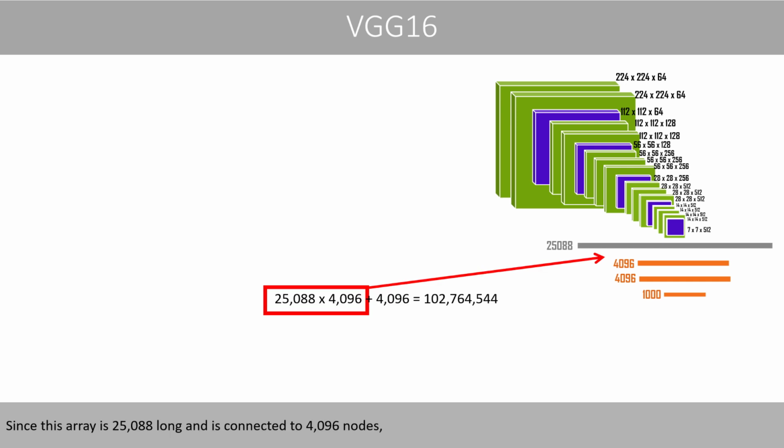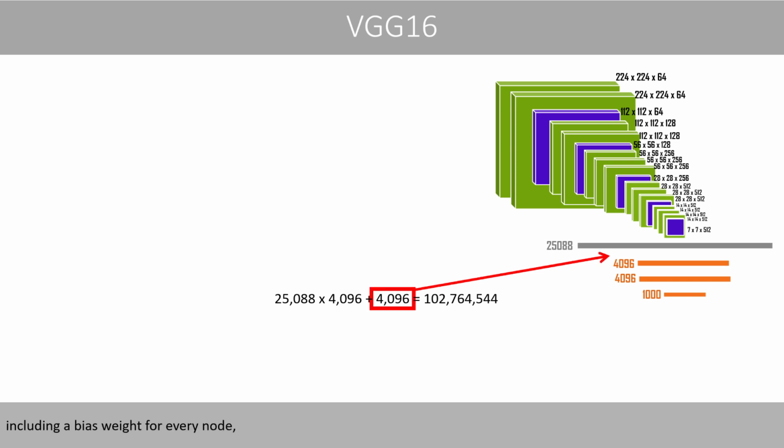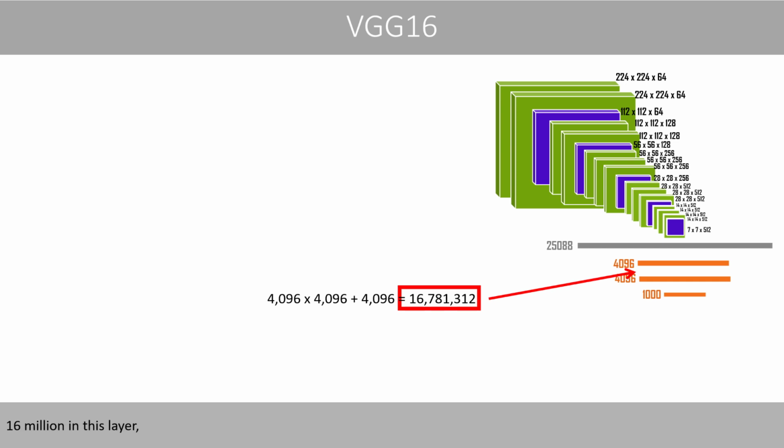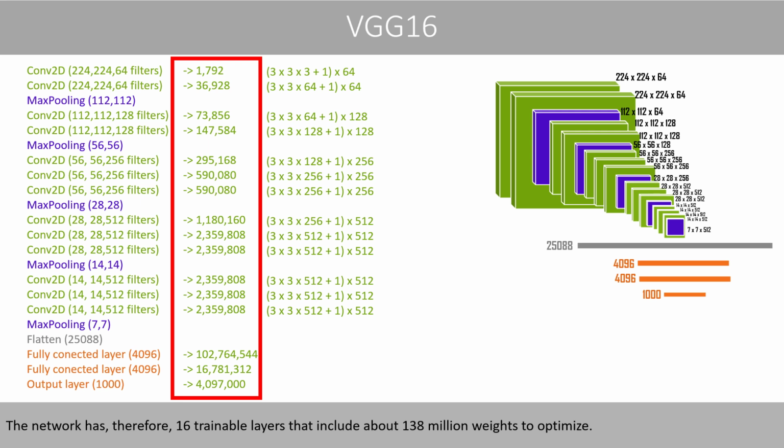Since this array is 25,088 long and is connected to 4,096 nodes, including a bias weight for every node, there will be about 102 million weights in this layer, 16 million in this layer, and about 4 million in the last layer. The network has therefore 16 trainable layers that include about 138 million weights to optimize.